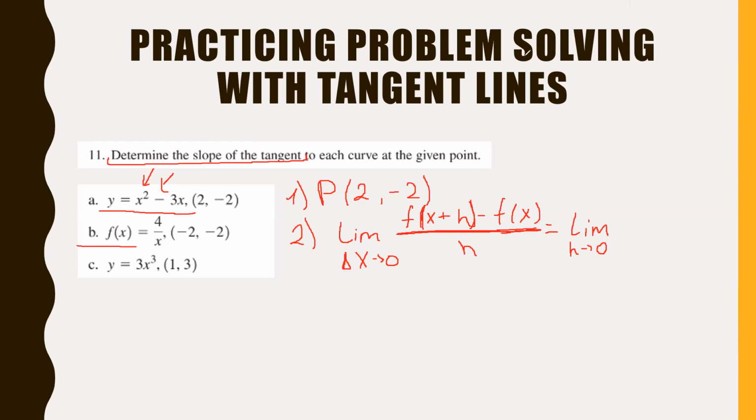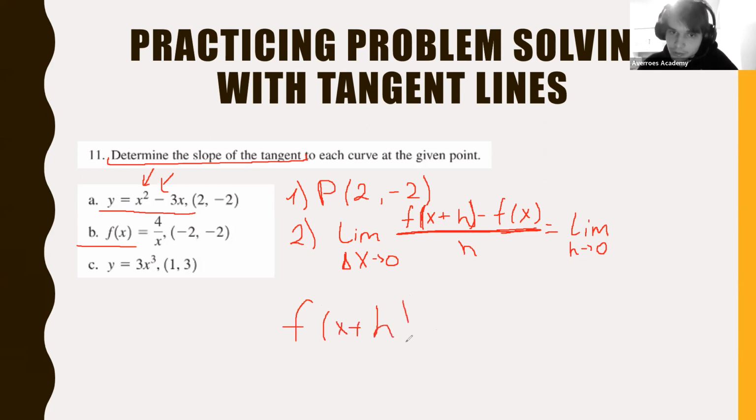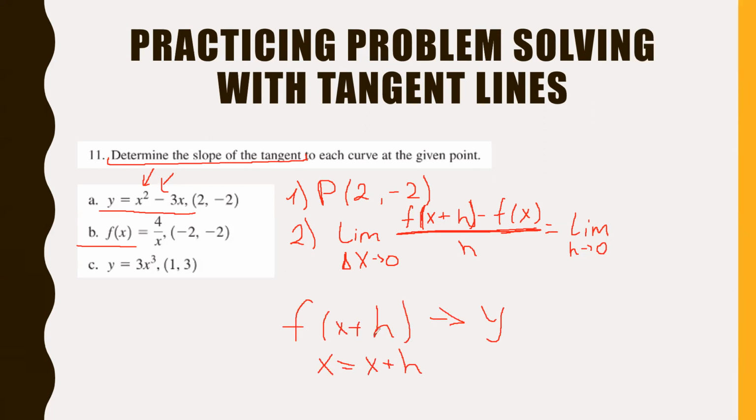Yes. So when we're looking at the function of x plus h, we'd like to know what y is equal to when x is equal to x plus h. Does it make sense? Yeah.